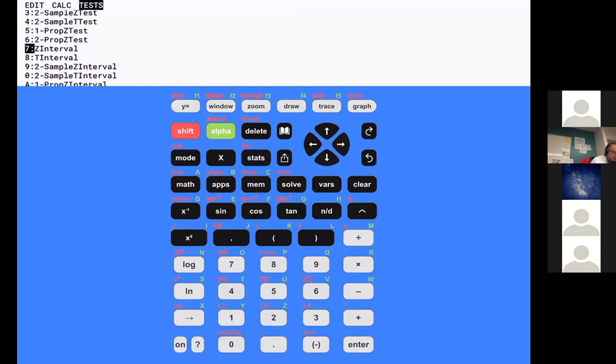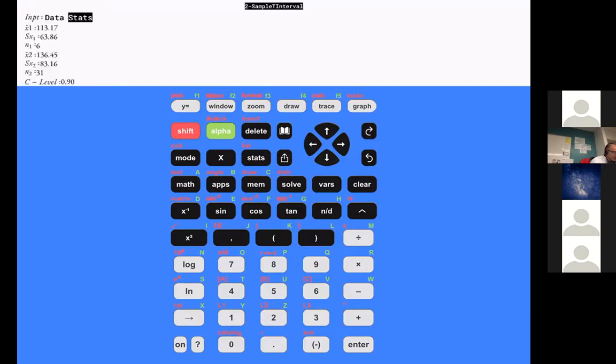Wow. Driving the struggle bus today. I forgot what we're after. 2 sample t interval. Everything stayed in there from the other example. Since our alpha level was supposed to be what, 95% confident? Oh man, what did it tell us to do? 95%. Thank you.